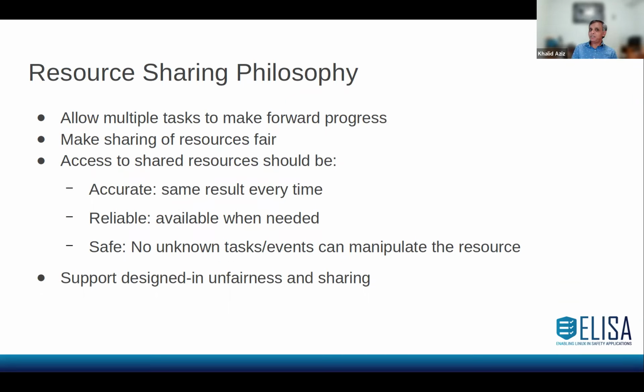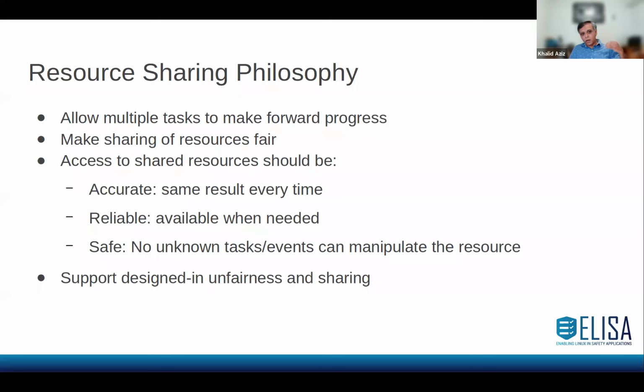Without that, the system is really not doing much. So workload must be able to make forward progress. And while making forward progress, it's also important that the resource sharing be fair, so that you don't have a task that hogs memory all the time, or another task that just hogs the processor while others are starved. So the resource sharing needs to be kept fair across various tasks.